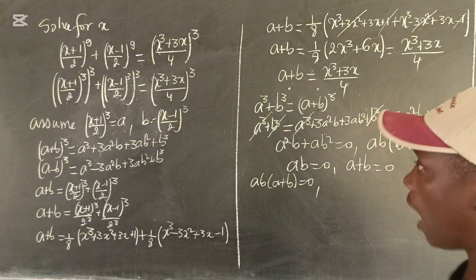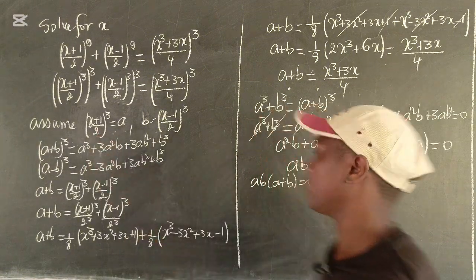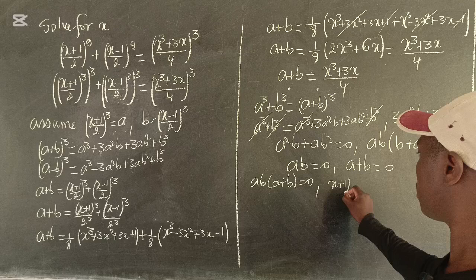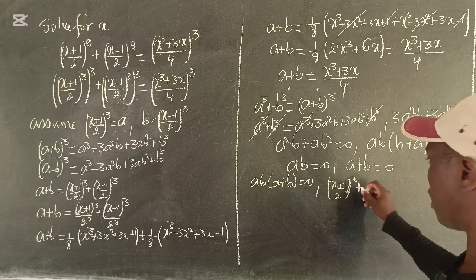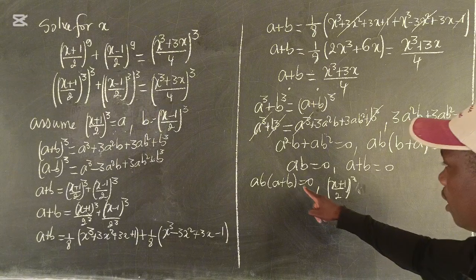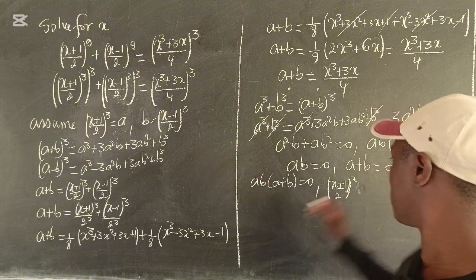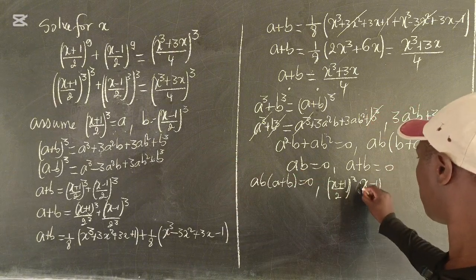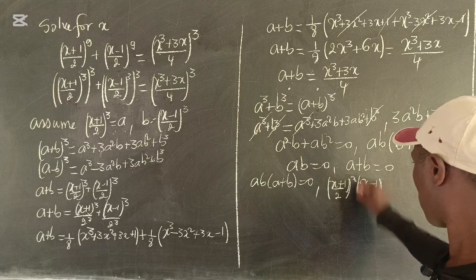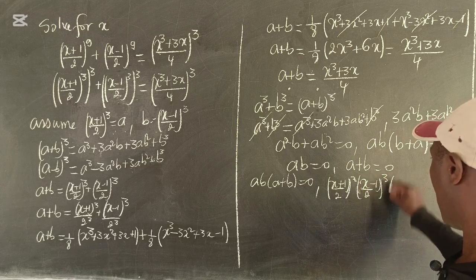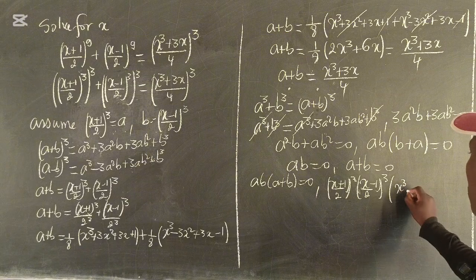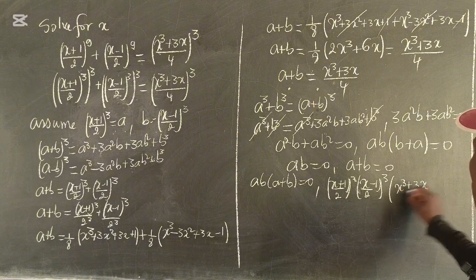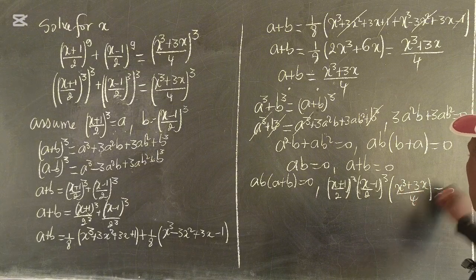This is to say our a is (x plus 1 over 2) altogether power 3, and our b is (x minus 1 over 2) power 3, and a plus b is this: x power 3 plus 3x over 4, and this is 0.